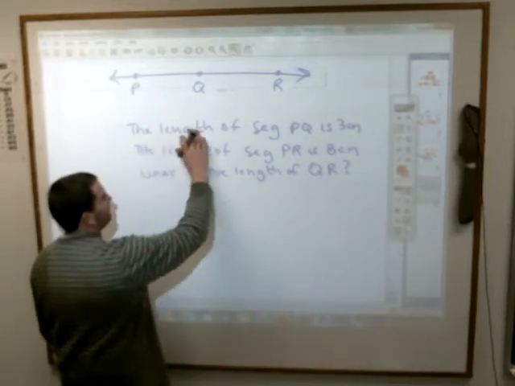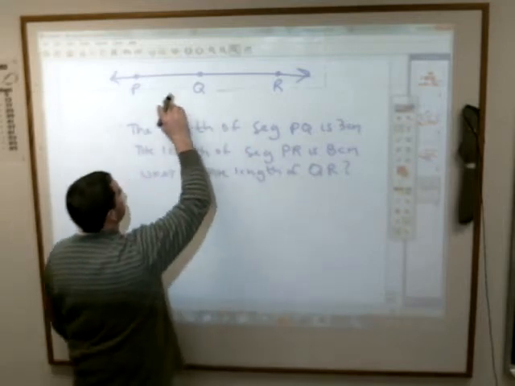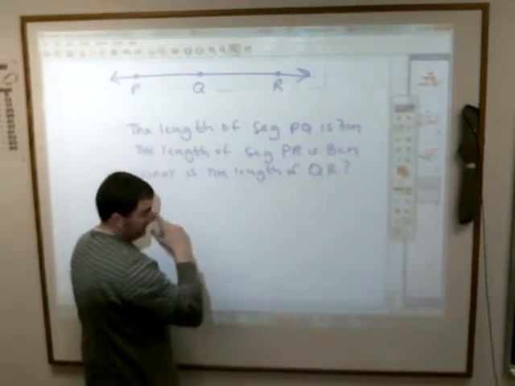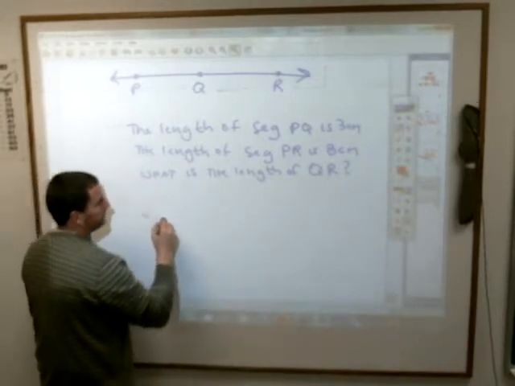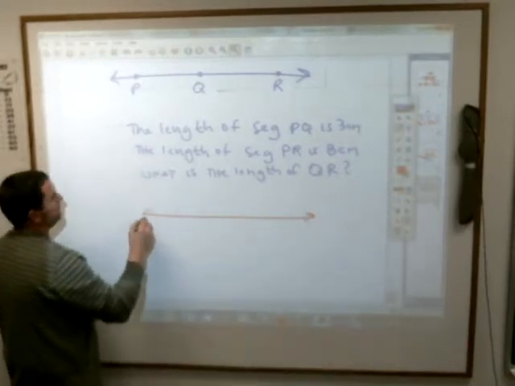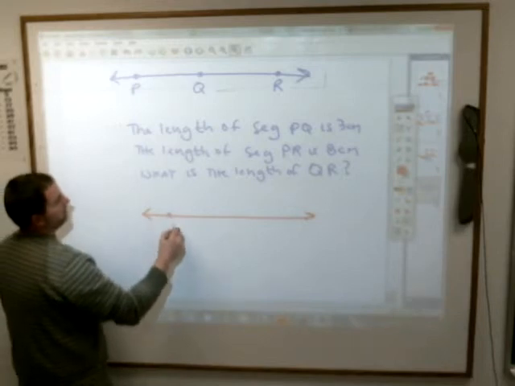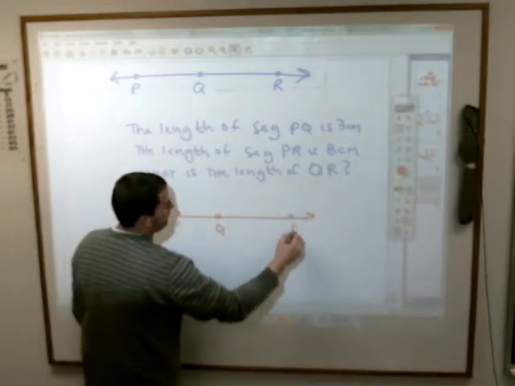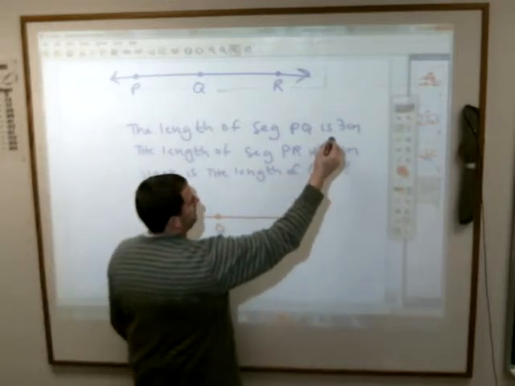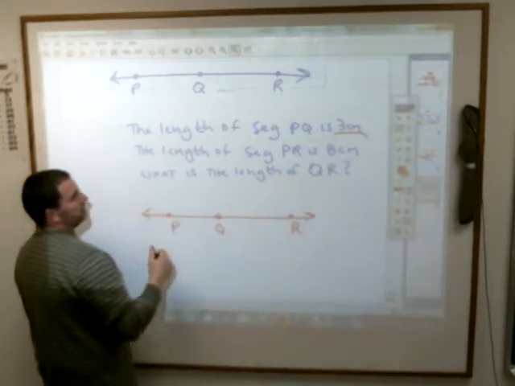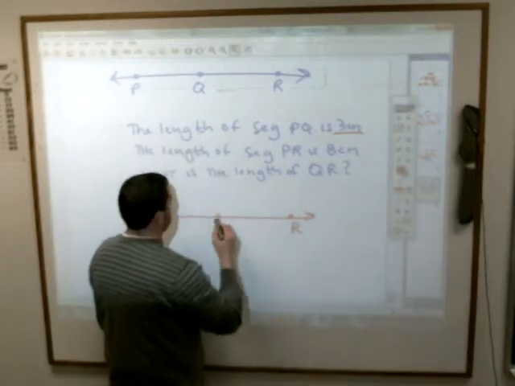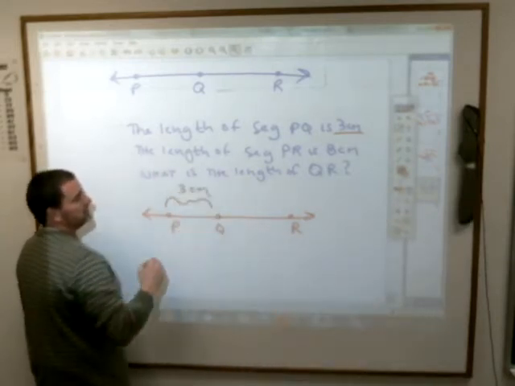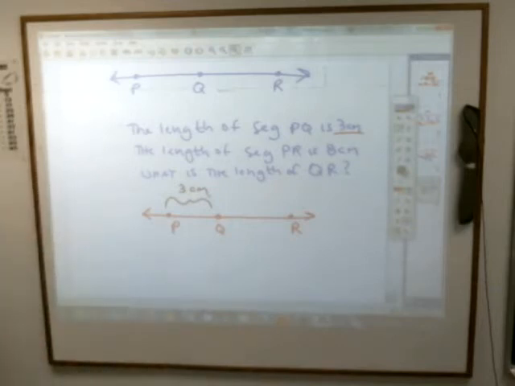Yeah, you don't have to write the words down, but you are definitely going to have to sketch out this line and label it with the information they give you. That doesn't take that long. You just copy down the little line, you put your points P, Q, and R. You don't have to measure them out, but it said that PQ is 3 centimeters.